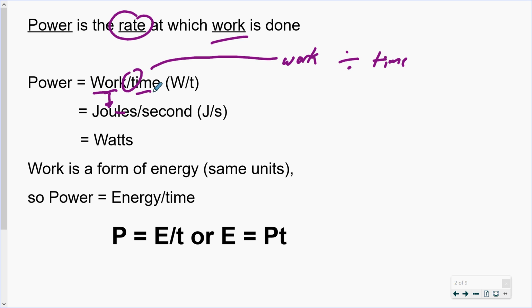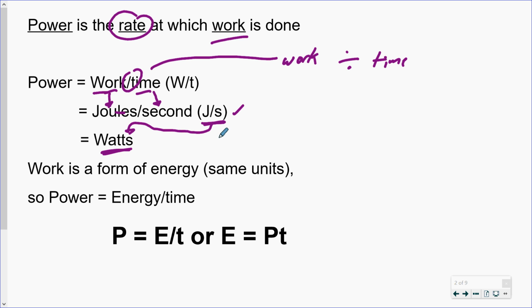The units that we use for time in general are seconds for most calculations in physics. So the units for power would then be joules per second. And 1 joule per second is also equal to 1 watt. Power units can be either represented as joules per second or simply as watts, the amount of power that is performed.